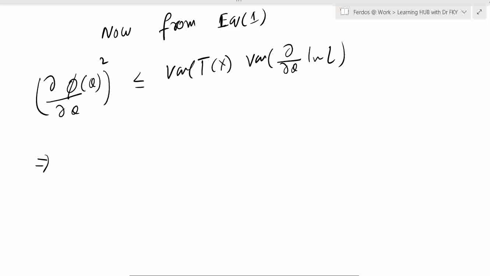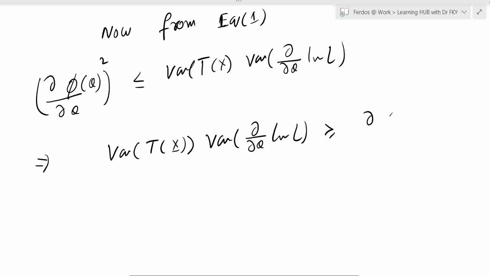You can just write the inequality in the other direction. This will now be greater than or equal to the square, and now you can find the variance.